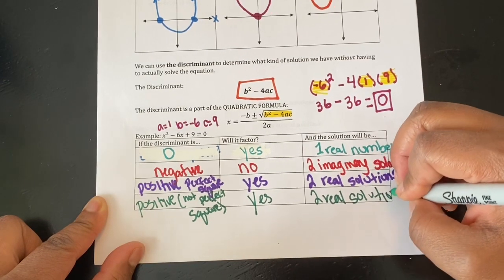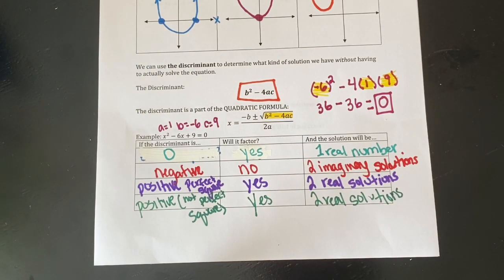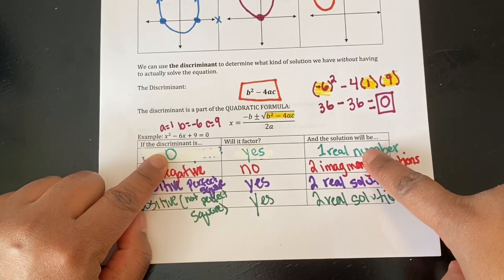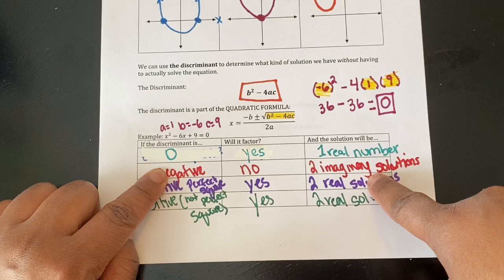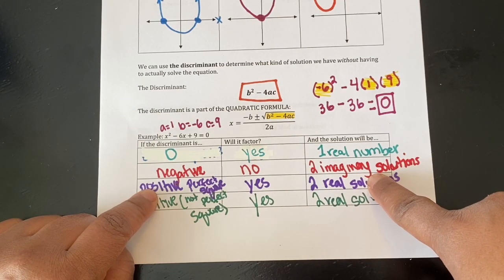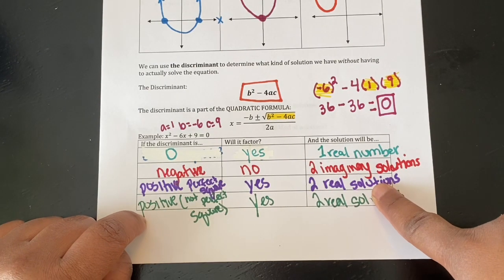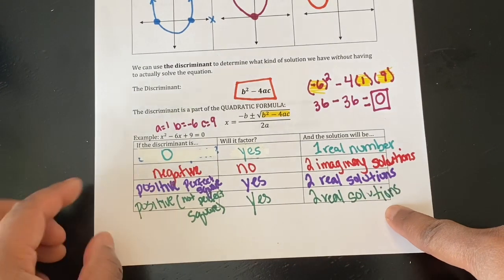Okay, so these are the options. You're either going to have a discriminant that's 0 with 1 real solution, a negative discriminant with 2 imaginary solutions, or a positive perfect square discriminant with 2 real solutions, or a positive non-perfect square discriminant with 2 real solutions. So those are your options.